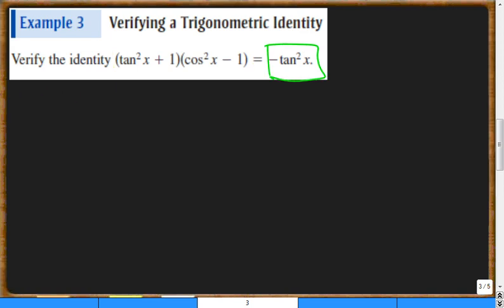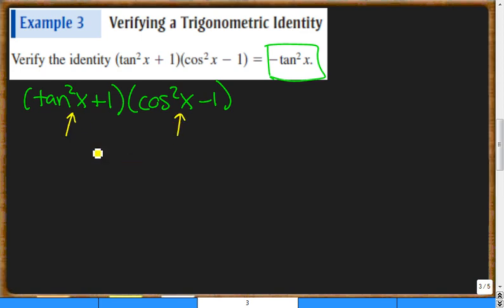So if we have tangent squared of x plus 1 times cosine squared of x minus 1, well, what can we do here to make things easier on ourselves? Okay, well, I'm going to start off and say I actually have an identity that works with this, an identity that works with this. So let's take these one at a time.